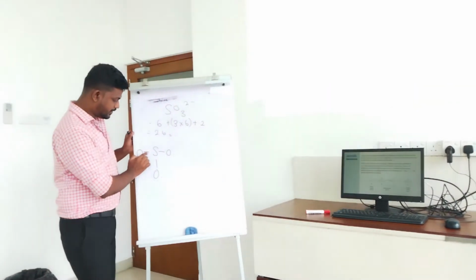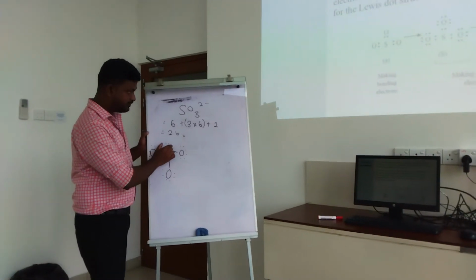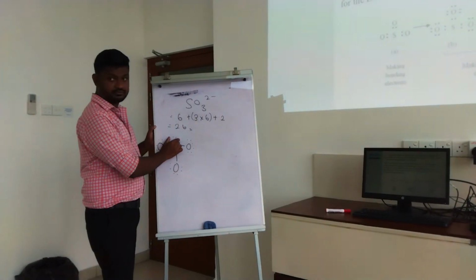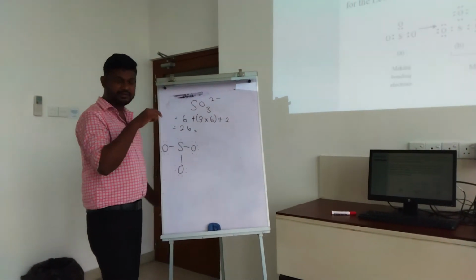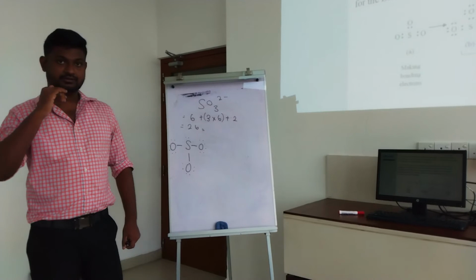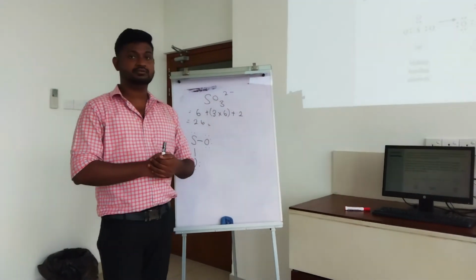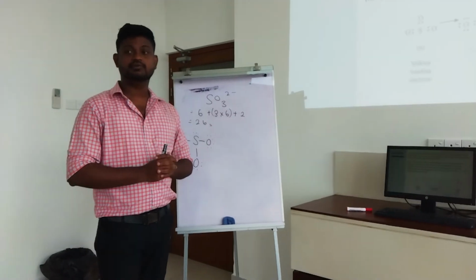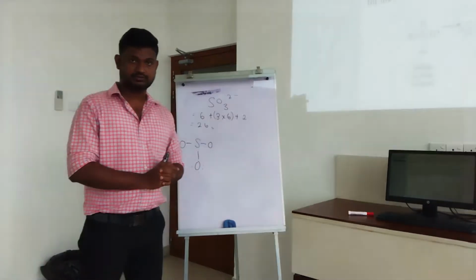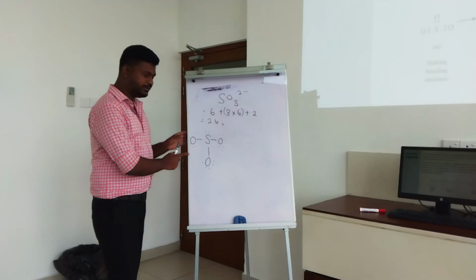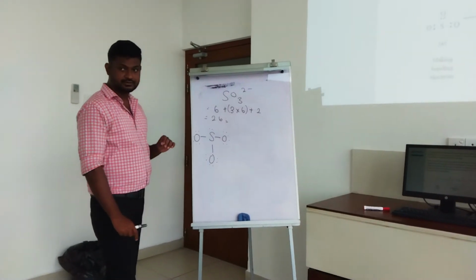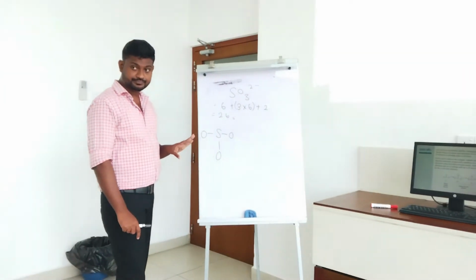So what has happened there? 1 electron is lost. Originally, how many electrons are there in oxygen? 6. Now 2, 4, 6, and here also 1.